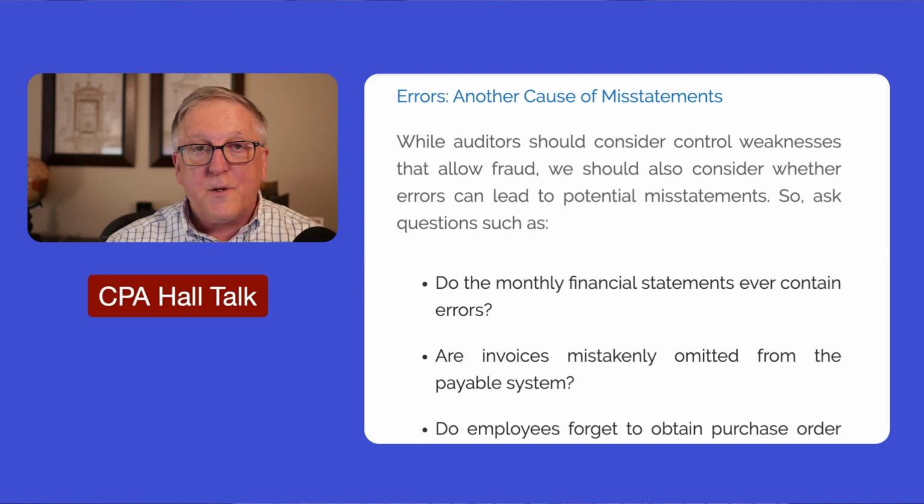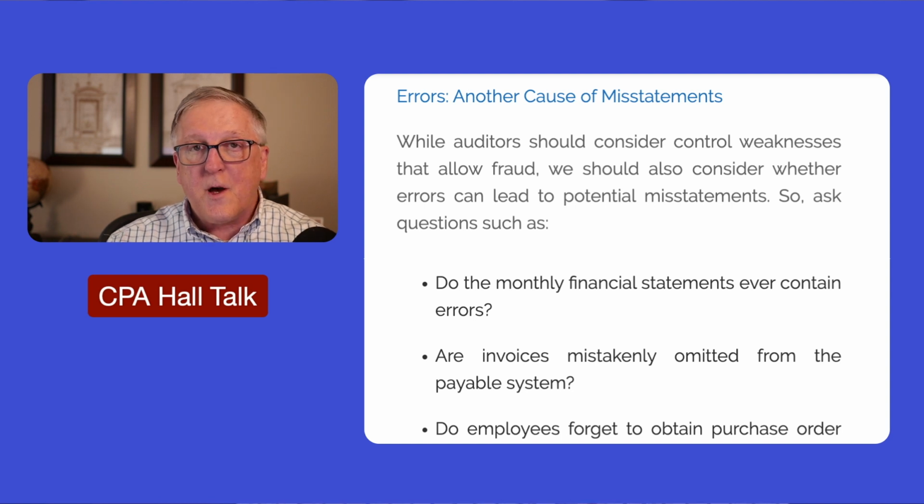Some of the questions you might ask as you're doing the walkthrough is, do the monthly financial statements ever contain errors? You might ask the controller this question. You might ask, are invoices mistakenly omitted from the payable system? Or you might ask, do employees forget to obtain purchase orders?